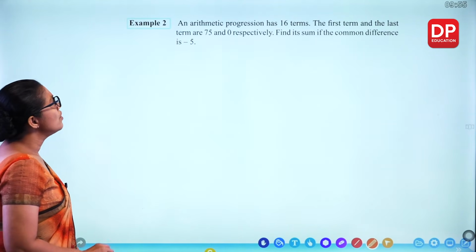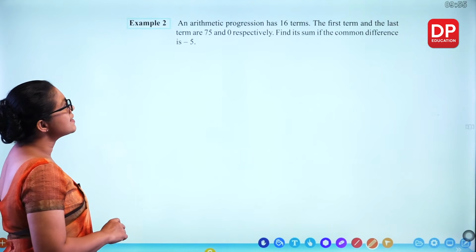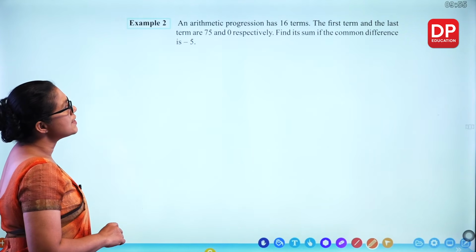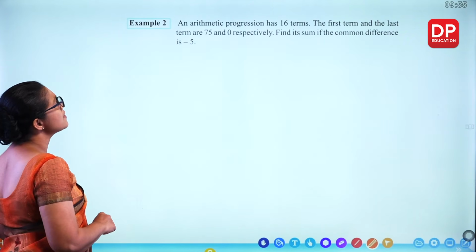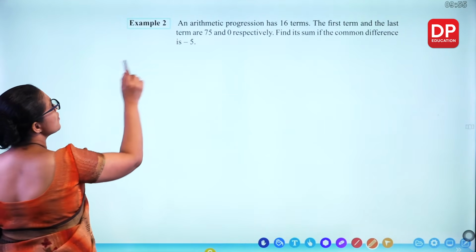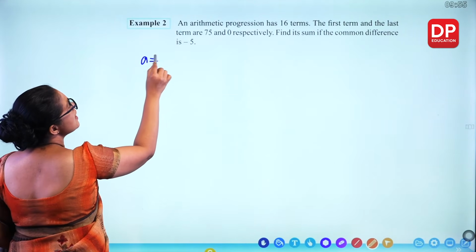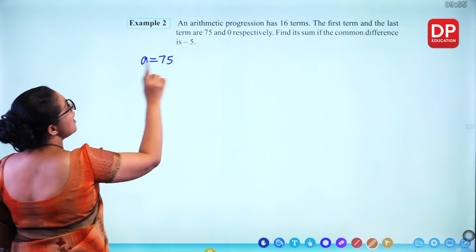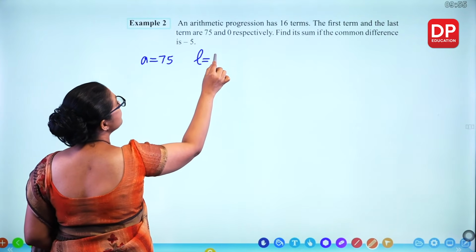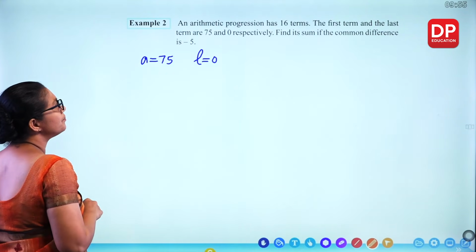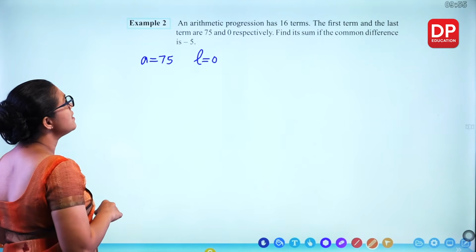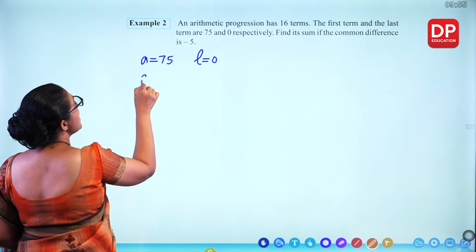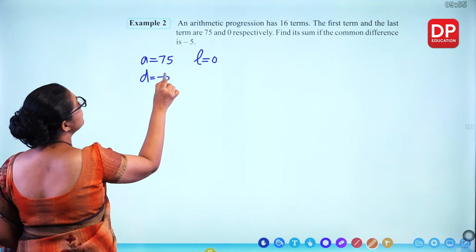Example number 2. An arithmetic progression has 16 terms. The first term and the last term are 75 and 0. So the first term a is 75 and the last term L is 0. Find its sum if the common difference is minus 5.